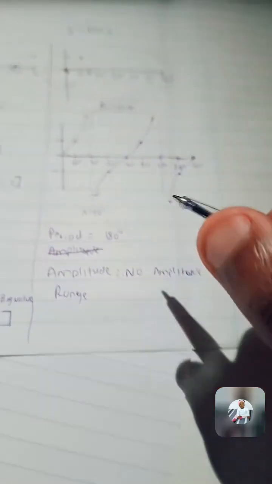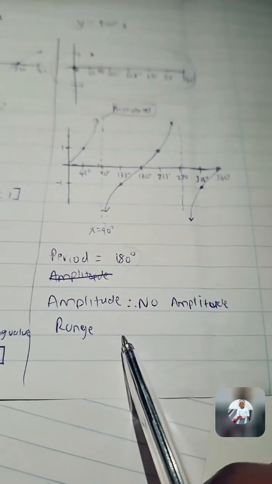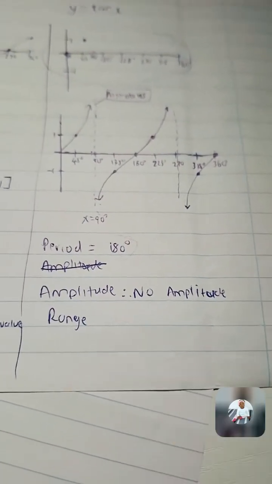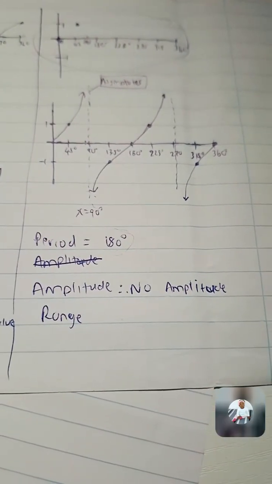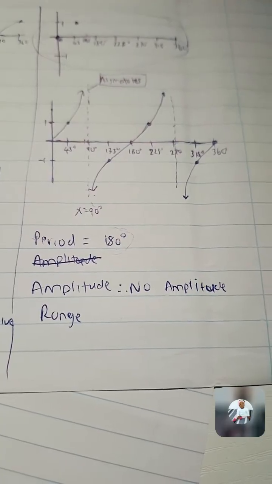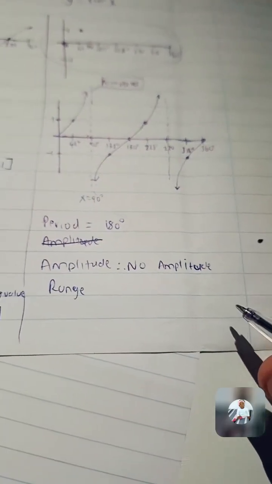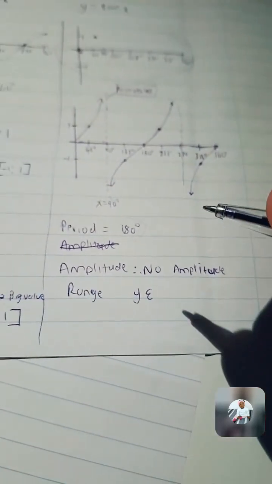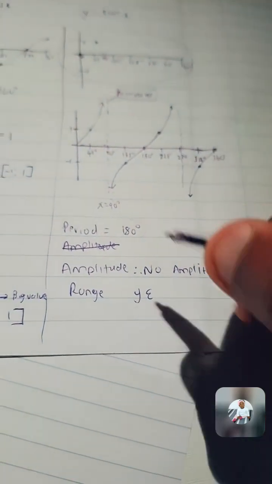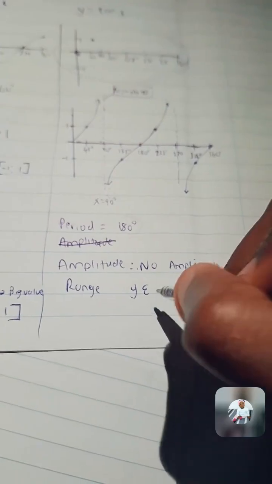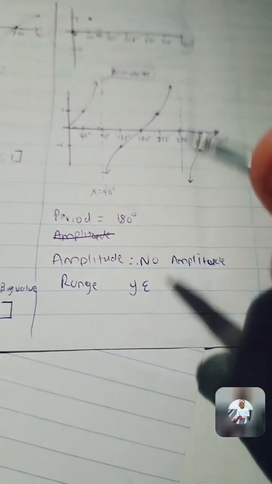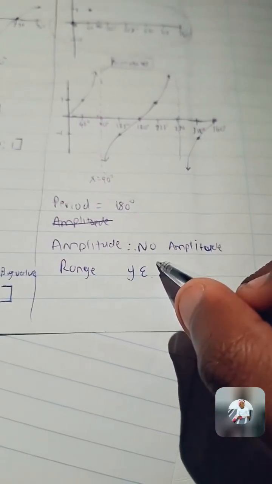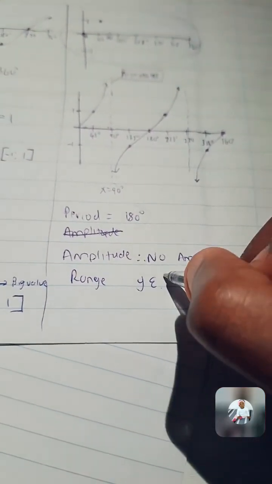Now you are talking, my leader. But now I want you to be specific. You said negative infinity. So how would I write it here? You're going to start by writing y element. Sorry, I think you just broke there a little bit. You said y element, and then the square bracket.